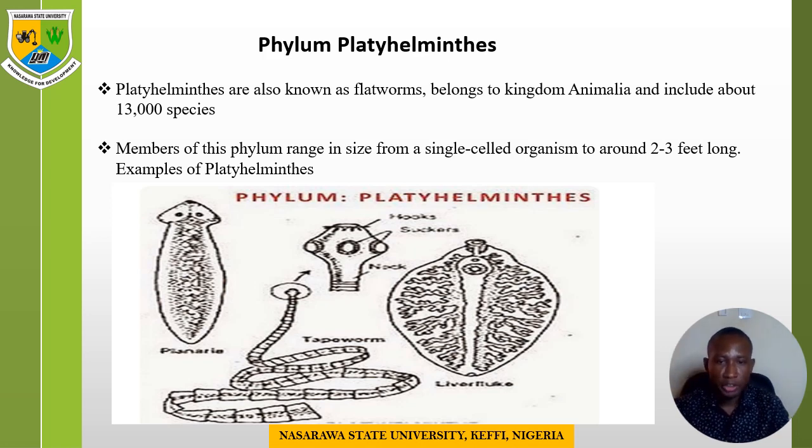Members of the phylum range in size from single cell organisms, most especially, to around 2 to 3 feet long. Examples of platyhelminths are the common tapeworm, the planaria, as well as flukes, particularly liver flukes. Liver fluke is one of the examples.